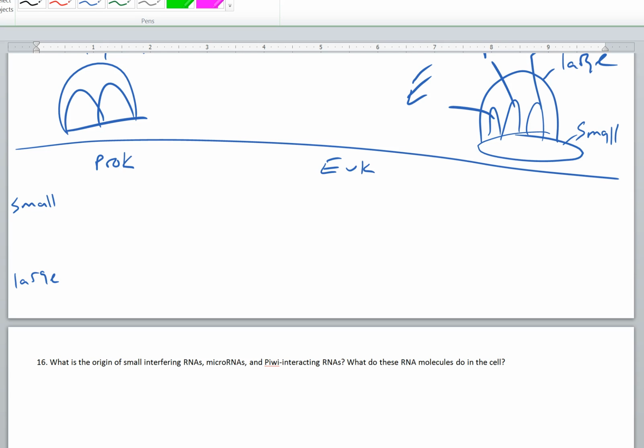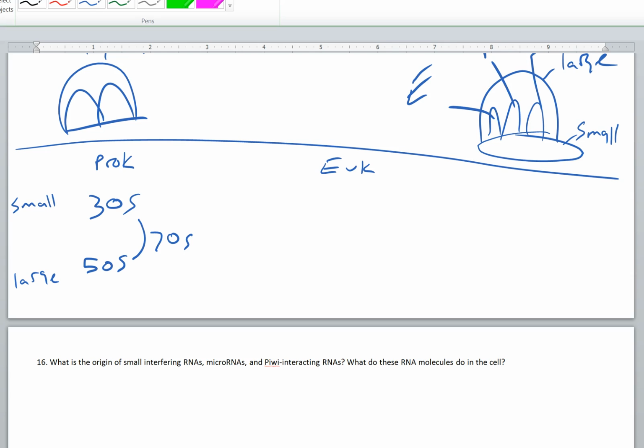The bacterial subunits are 30S and 50S, and then together these are 70S. You know, they don't add up, but S is kind of a unique method for measuring the size of things. And when you put the large subunit and the small subunit together, they kind of change shape a little bit, so they come out a little bit differently in terms of the size.